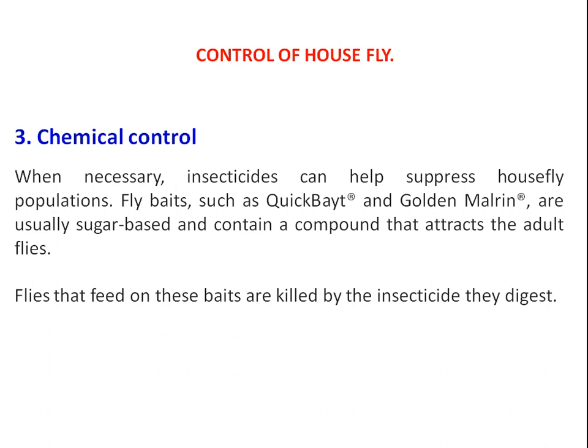Lastly, the chemical control. When necessary, insecticides, the chemical control by using synthetic drugs, can help suppress the housefly population. Fly baits such as Quick Bayt and Golden Malrin are usually sugar based and contain compounds that attract the adult flies.